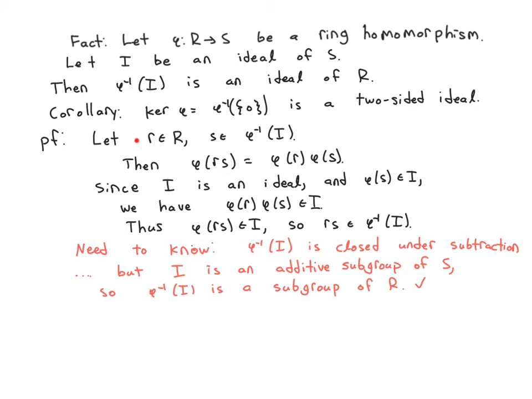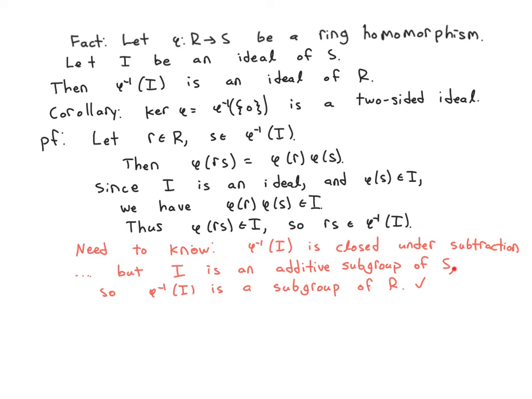So let's take an element in the ring R, and then take an element in the preimage of I. One thing we already know is that the preimage of I is a subring. Well, I have it down here because you need to know that it's closed under subtraction. But since I is an ideal of S, it's a subring of S, so it's an additive subgroup of the codomain.